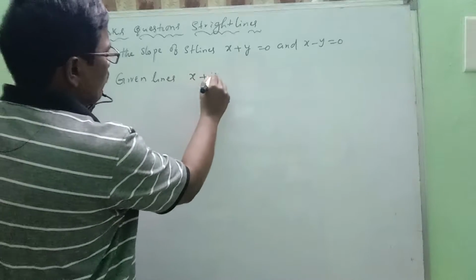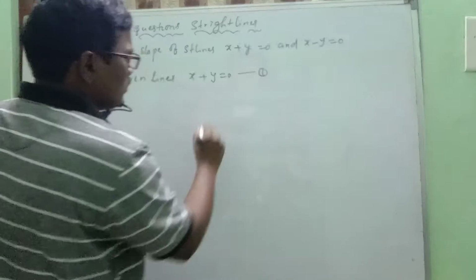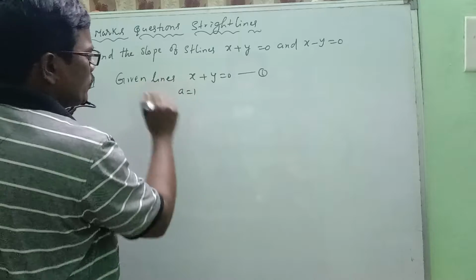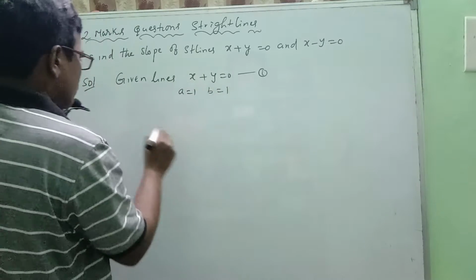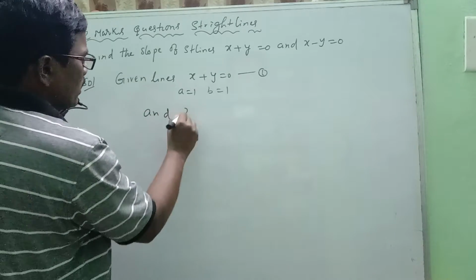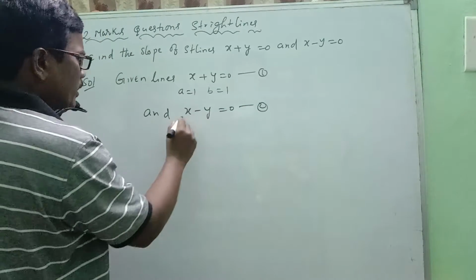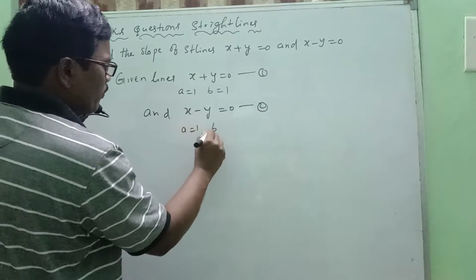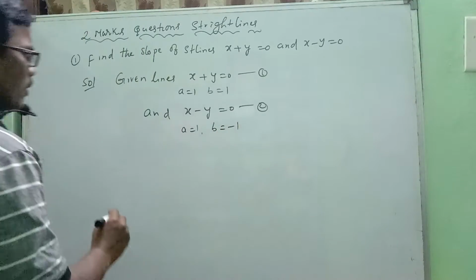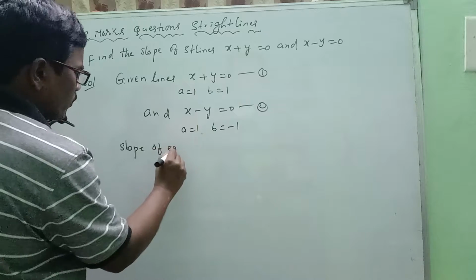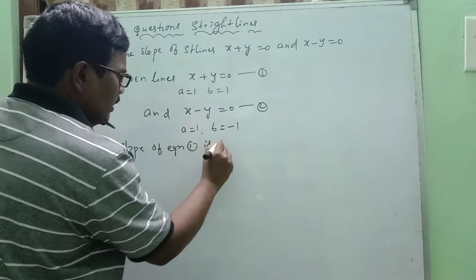x plus y equal to 0. Take the x coefficient 1, y coefficient 1. The other line is x minus y equal to 0, with a equal to 1, b equal to minus 1. The slope of equation 1 is m1.